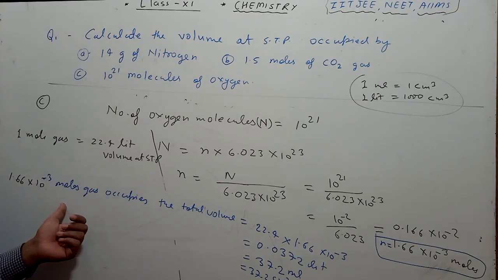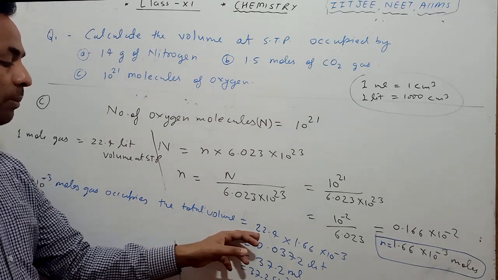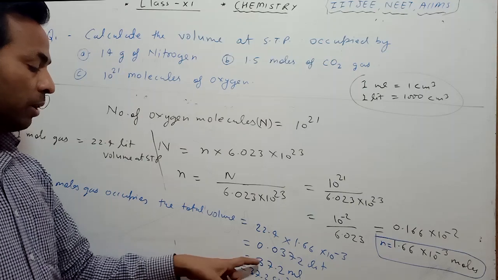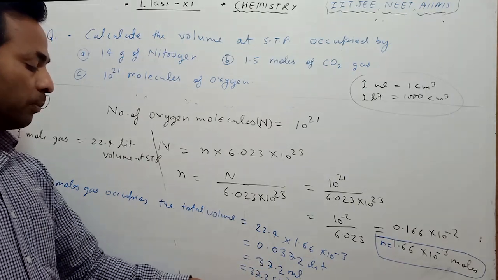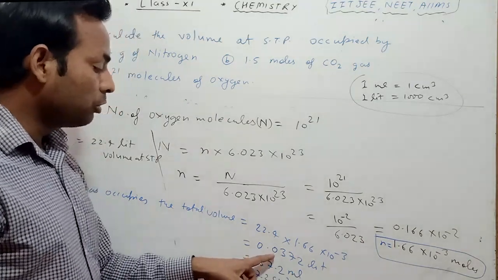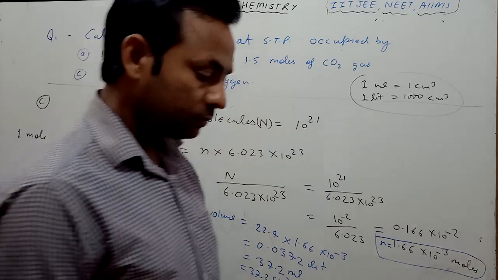So how much volume will this many moles occupy? This number of moles multiplied by 22.4. So the answer will be 37.2 centimeter cube, or 37.2 ml, or 0.0372 liter. Okay, please take a screenshot.